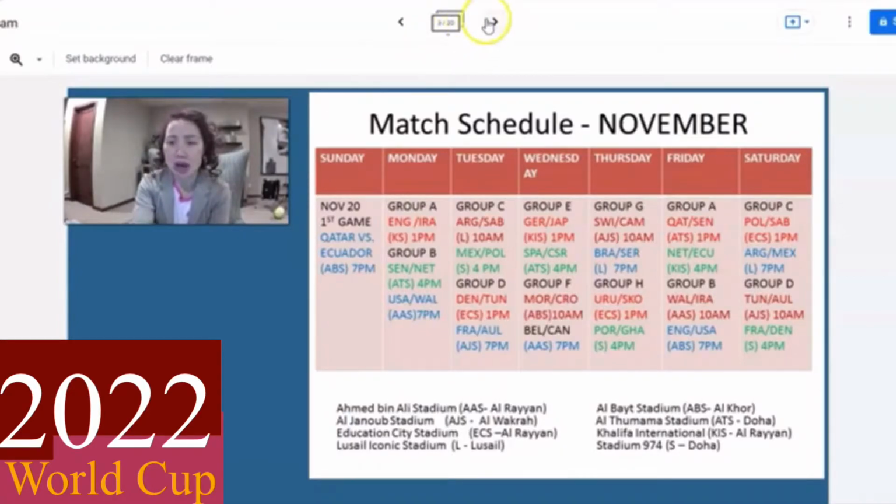And there are not many interesting games this year because I think the groups are such that quite a few teams have a clear path to the next round, the round of 16.